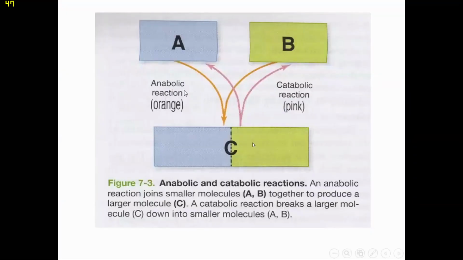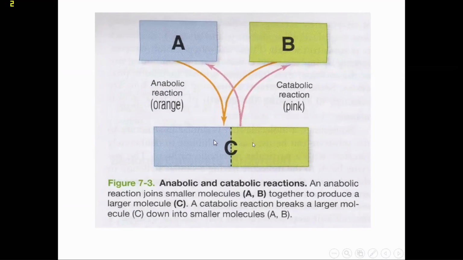Look at this simple figure. You have two substances, A and B, that bind together. This is anabolism, an anabolic reaction, to create a big substance, a large molecule, which is C. In the other direction, C will be broken down by catabolism into two substances, A and B. This will release energy. Anabolism will consume energy.